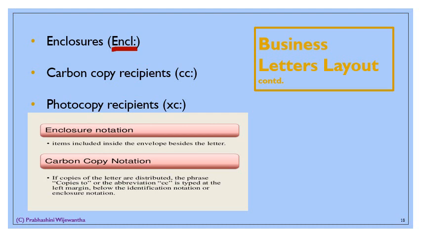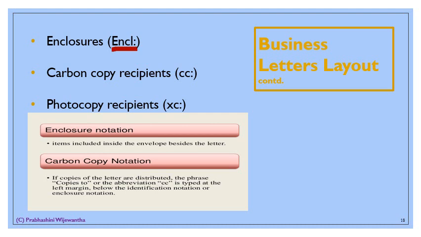Send copies of this letter. Earlier, as there were no computers, the copies were written by keeping a carbon paper. So that is why we still use the word CC or carbon copy, though nowadays what we do is we take another printout and give it to the other person.